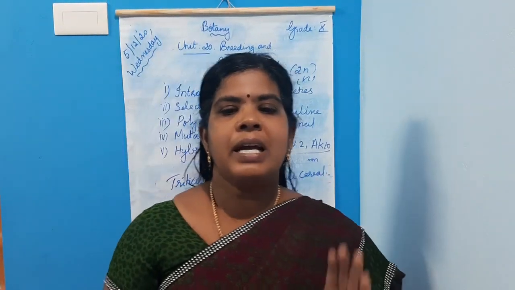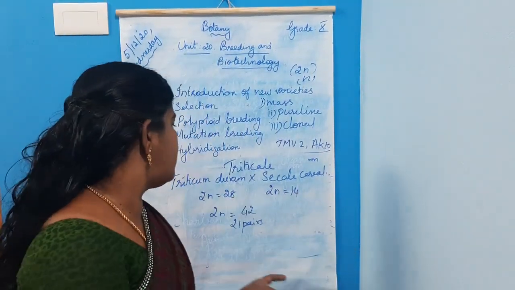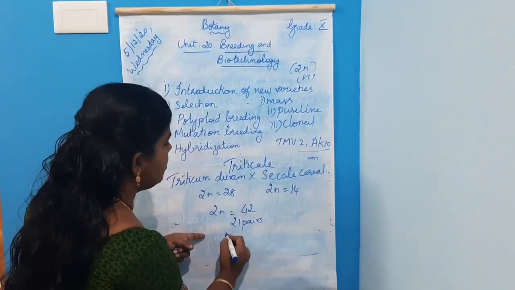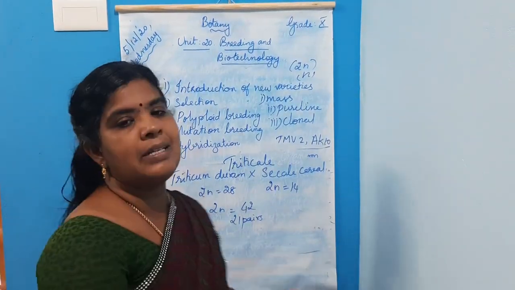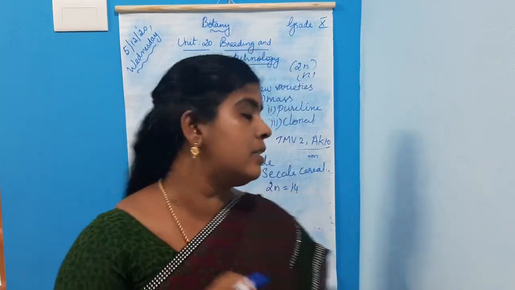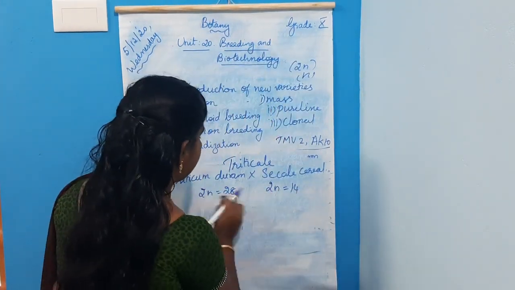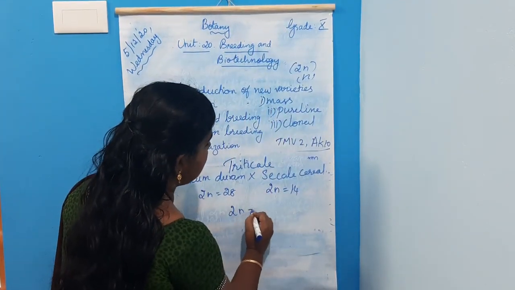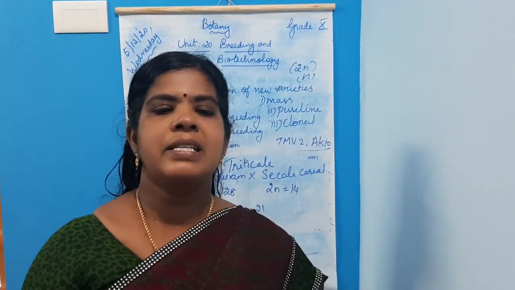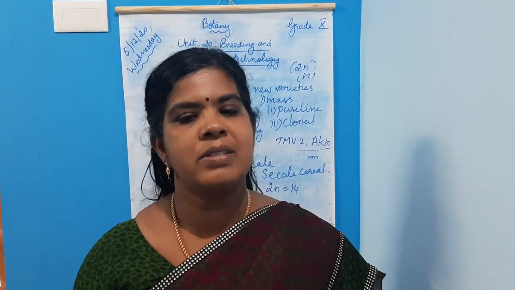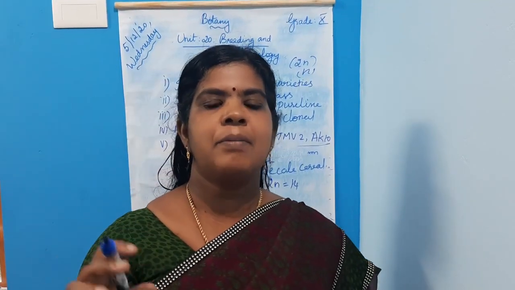The F1 hybrid is sterile, with 2n equal to 21. The chromosome number is doubled by colchicine treatment and becomes hexaploid triticale, that is 2n equal to 42.